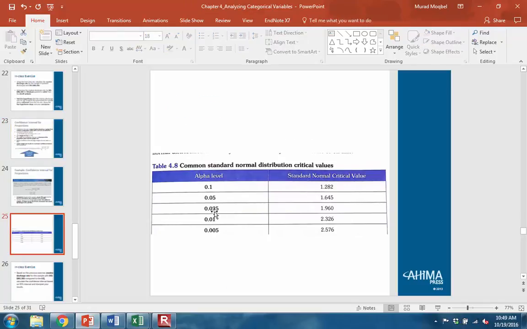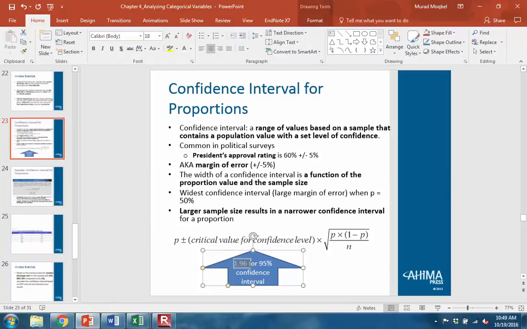So let's look at this one here. Say we have a p-value of 0.05, but it is two-sided, which means we divide it by 2. Then the alpha level is 0.025, and the critical value equivalent to 0.025 is 1.96. That's where we came up with this 1.96, because we are assuming it is two-sided.